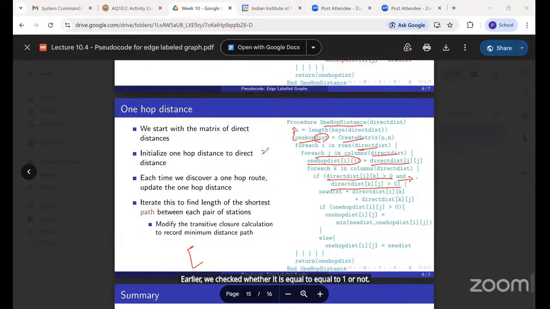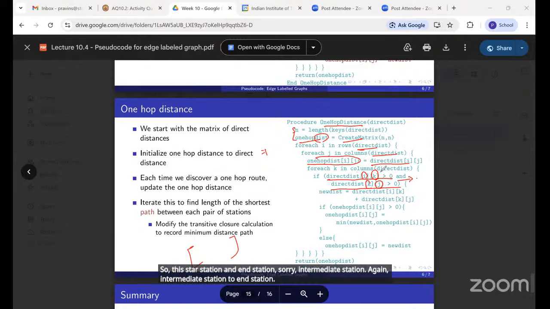Since now we won't have 1, because the weighted graph will have some numbers, we are just checking whether it is greater than 0 or not. So this is start station to intermediate station, and again intermediate station to end station. If both are greater than 0, that means there is an intermediate station through which I can reach from start station to end station.